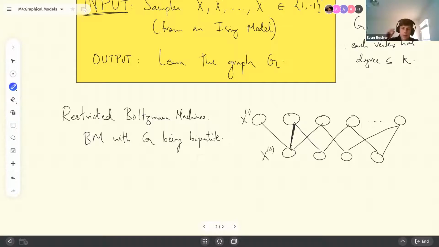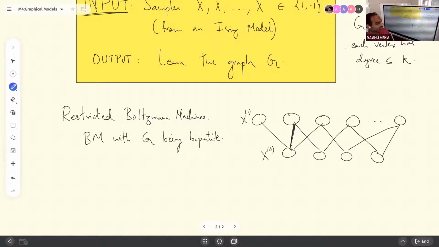Can't bipartite graphs be used for hypergraphs, almost like hyperedges? Right. So basically, what happened is these were studied for a long time in machine learning and statistical physics, and then in the mid 2000s, Geoff Hinton and others realized that you can use this to train neural networks.